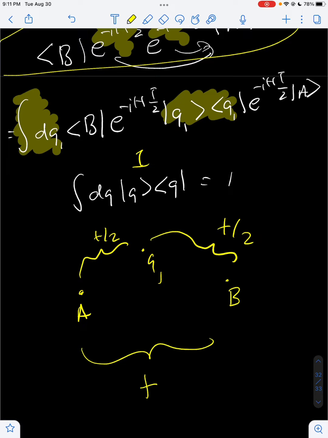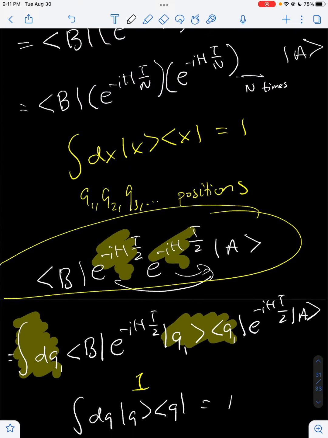That's all we're saying here. That's a physical picture, a path, basically. You have a path. That's what we're doing so far.